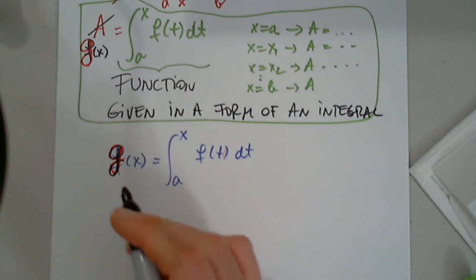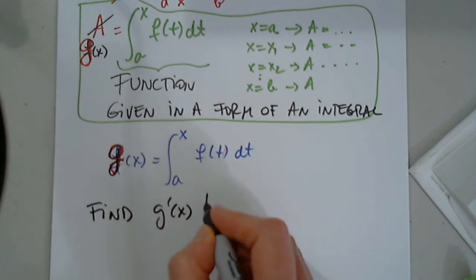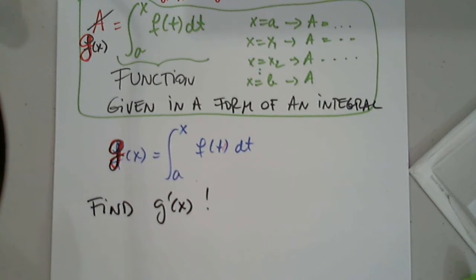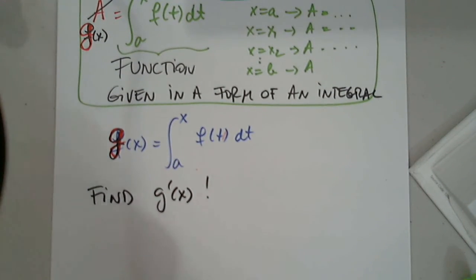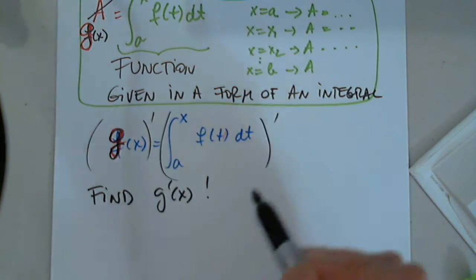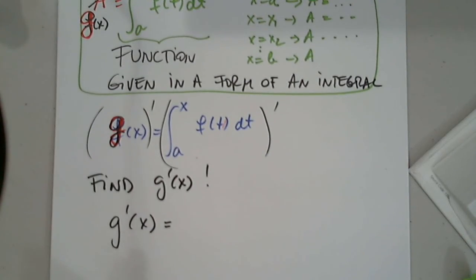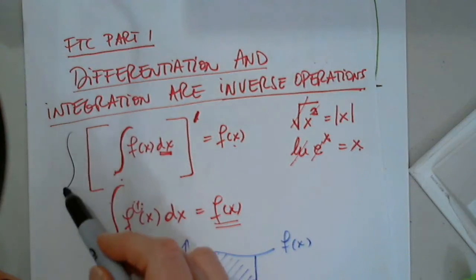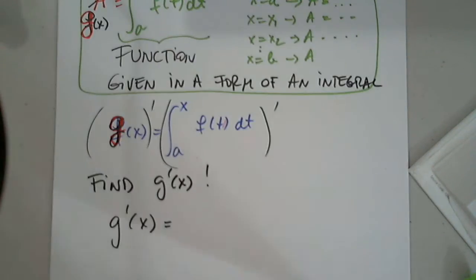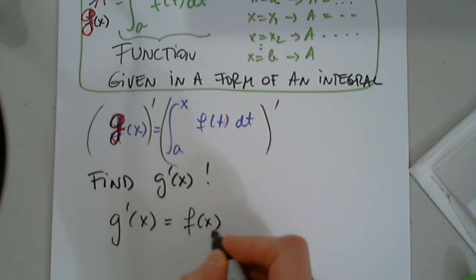We will only be asked to find g prime. We will not be asked to find anything else. All I have to do is differentiate both sides and get g prime. And based on what we just discussed here, what do you think the answer is? The f of t dt.